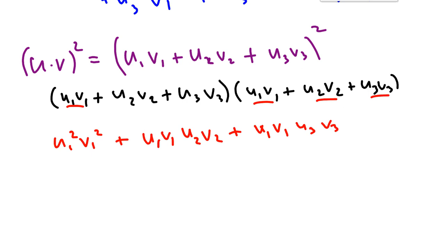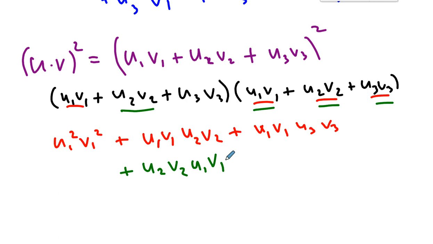All right, let's go through in a color-coded fashion. So let's take this term now and distribute it amongst these three. So we will get plus u2 v2 times u1 v1.